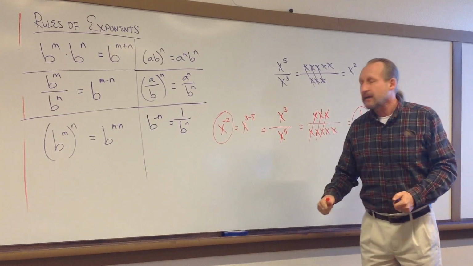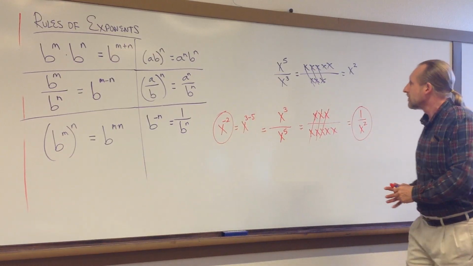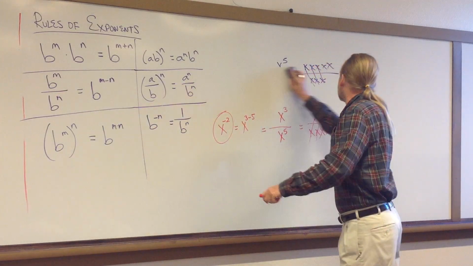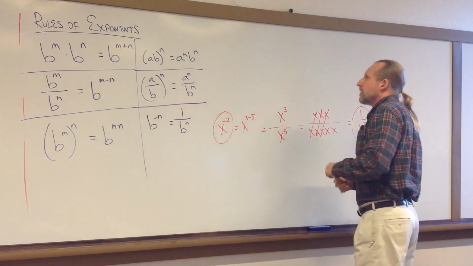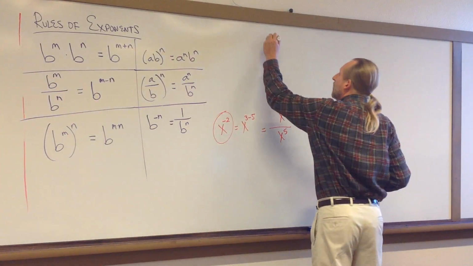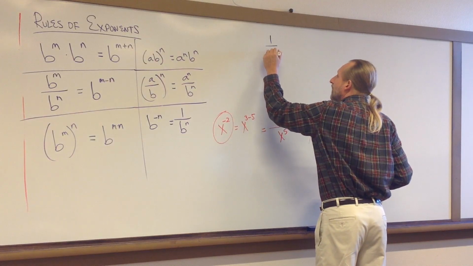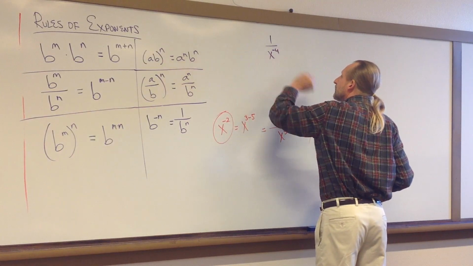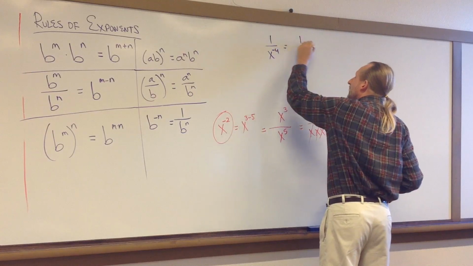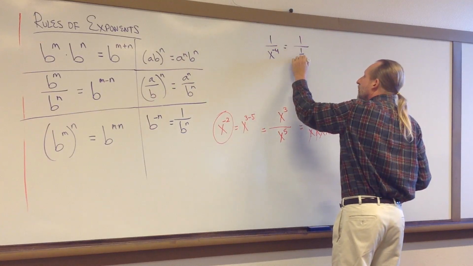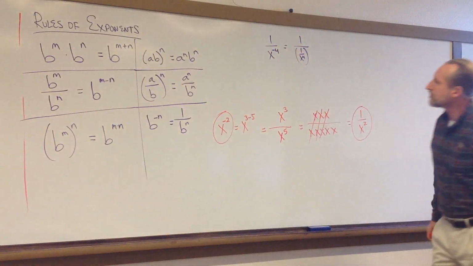If you have a negative exponent on the bottom, let's say you've got 1 over x to the negative 4, well that means 1 over x to the 4th.